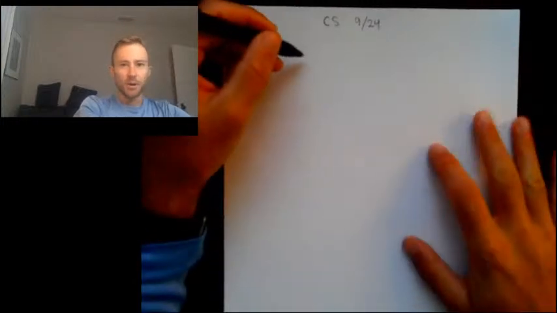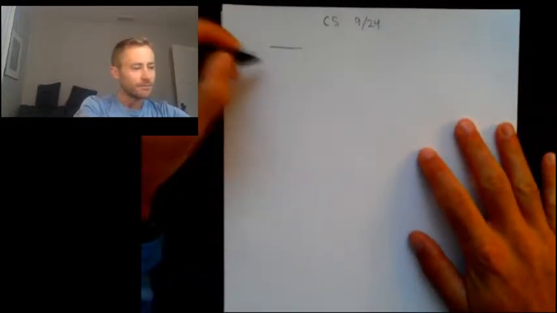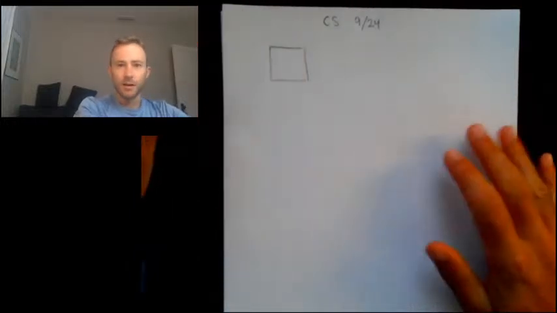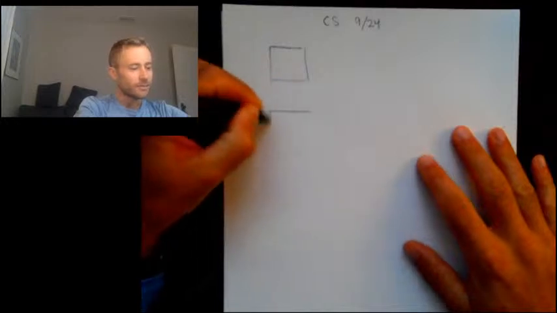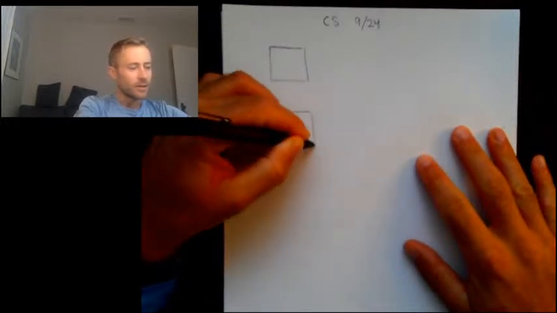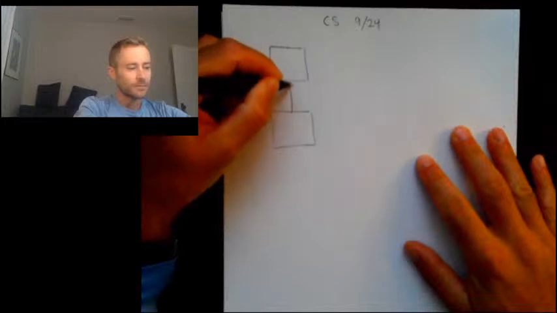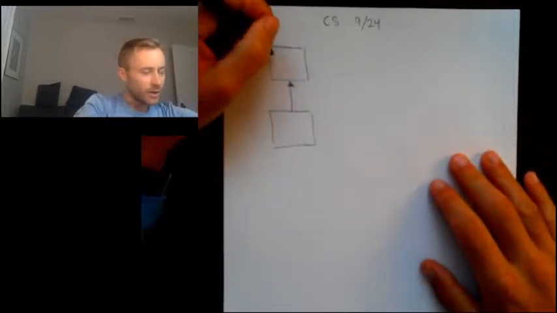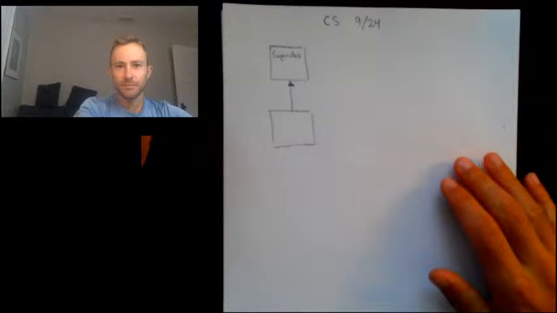And so I'm going to represent two classes as boxes. So we've got two classes, and I'm going to connect them with an arrow that goes upward. So the top box has what's called the superclass.